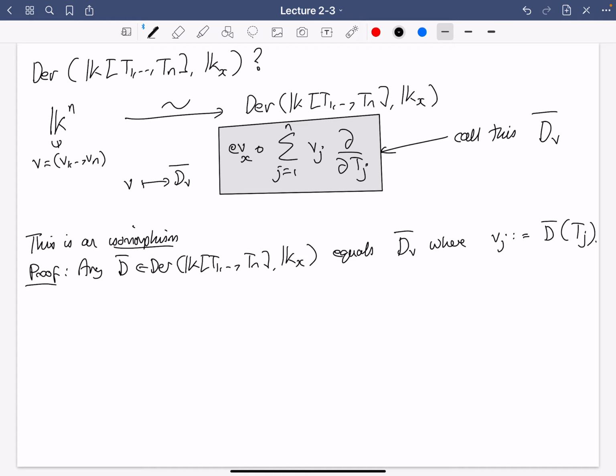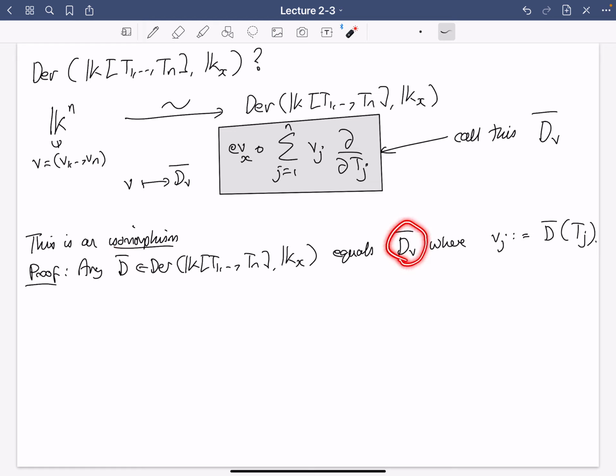So the point is that because of this Leibniz rule, a point derivation is uniquely determined by what it does to the tj's, because they're algebra generators. So just from knowing these vj's, that uniquely determines any given derivation.